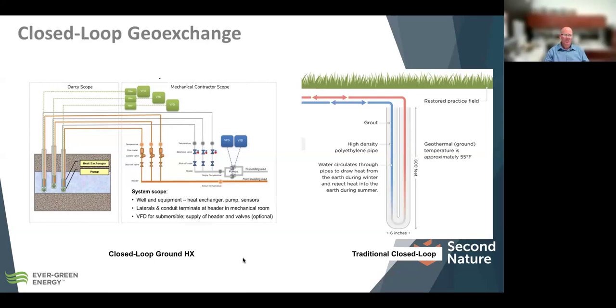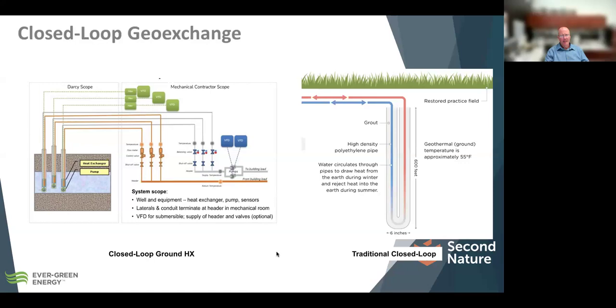On the left-hand side of the screen, closed loop ground heat exchange is a technology that is emerging. There are several players in this realm where they're actually submersing heat exchangers into the aquifers, still running a closed loop piping system going down into the heat exchanger and then coming back up.